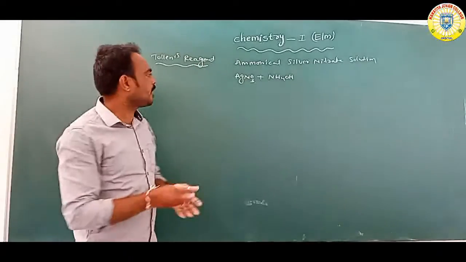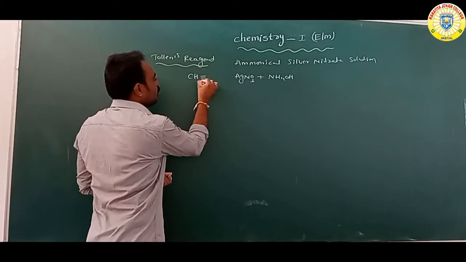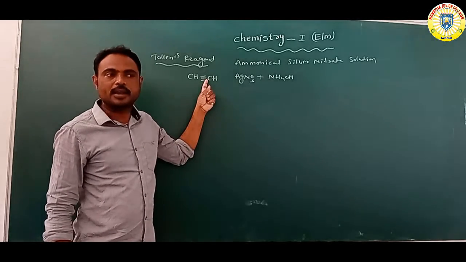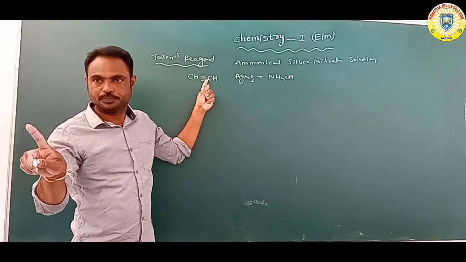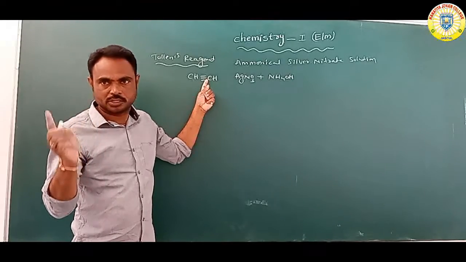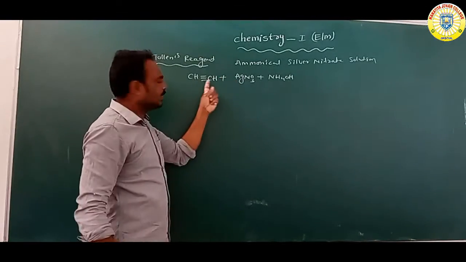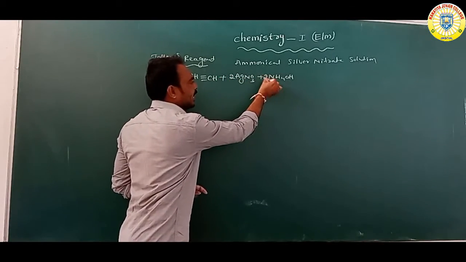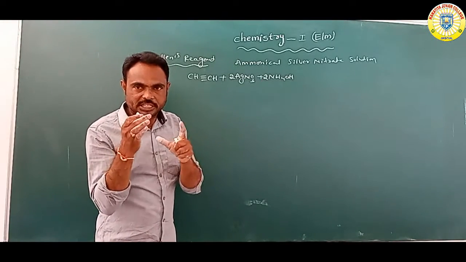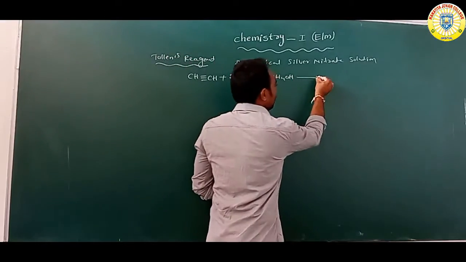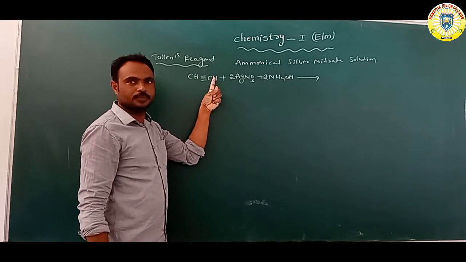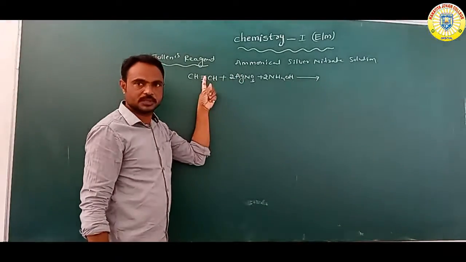First we have taken CH triple bond CH. It is acetylene, formula C2H2 or CH triple bond CH. When it reacts with ammoniacal silver nitrate solution or Tollens reagent, in acetylene there is loss of 2 hydrogens and addition of 2 silver atoms.